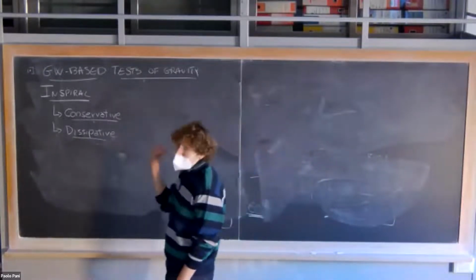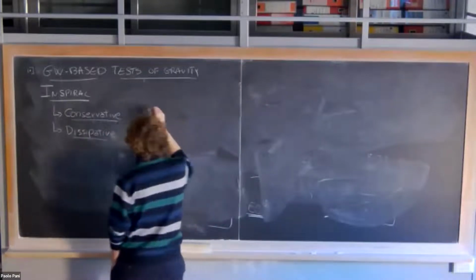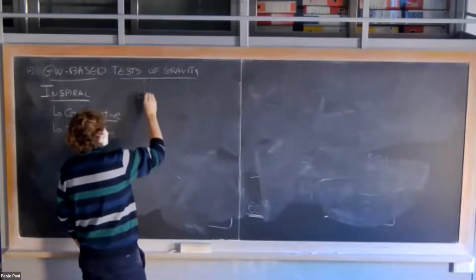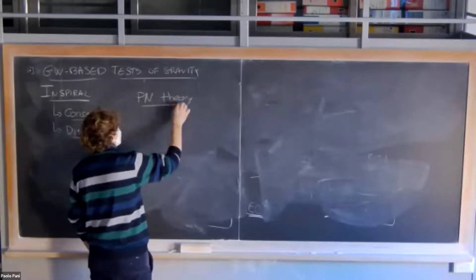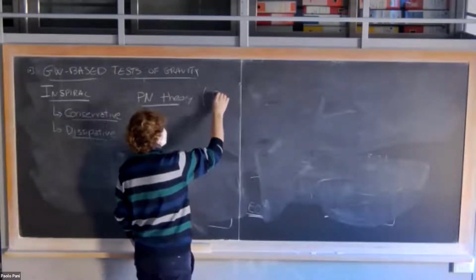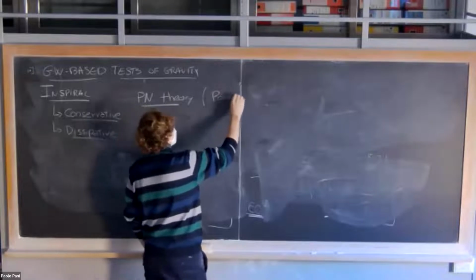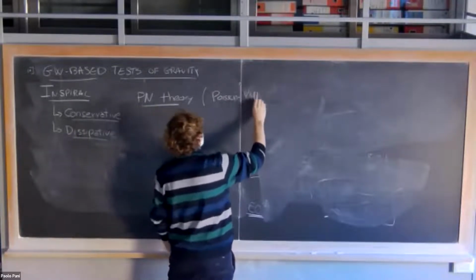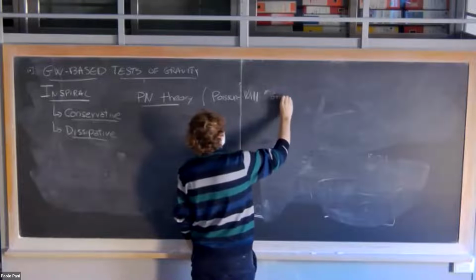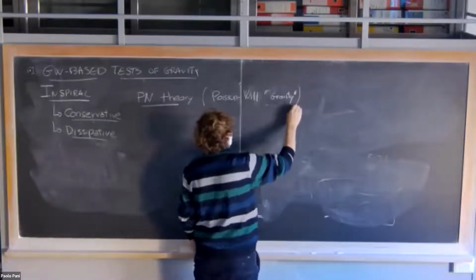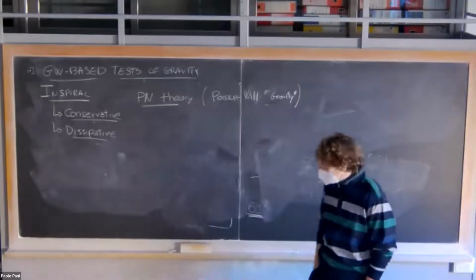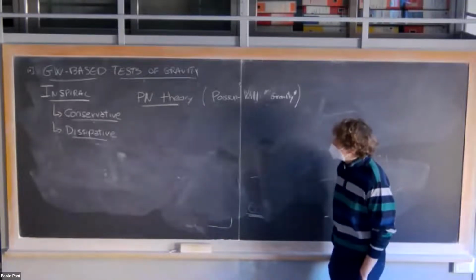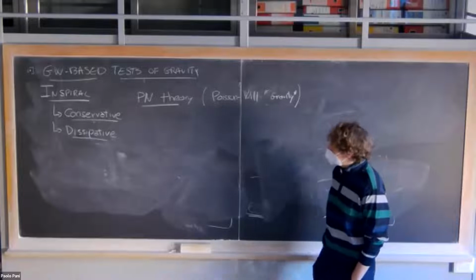The way the inspiral can be studied is through post-Newtonian theory, and I can refer to, for example, Poisson and Will's book on this, which I think is an excellent account of the basics and also some more advanced applications of post-Newtonian theory.